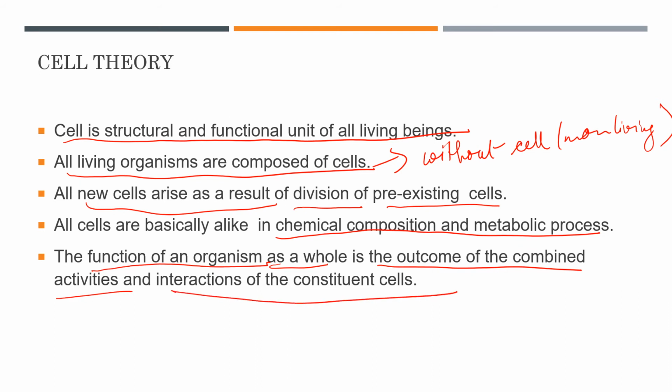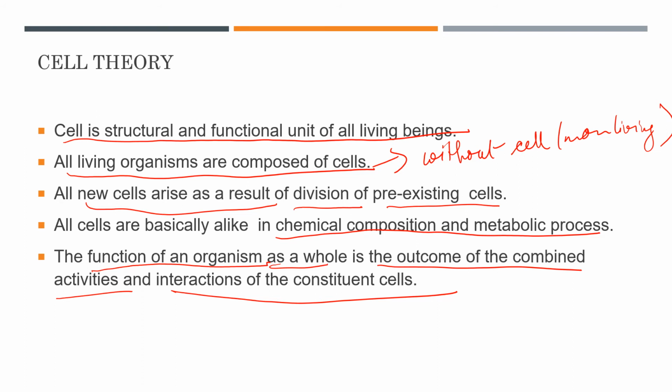So what does it mean actually? How is the organism working? It means the activities or outcomes of each cell, the combined interactions of each and every cell, and how they are working all together. So this is how the function of an organism can be decided: how the constituent cells are interacting, and how their combined activity is influencing each and every part of an organism.